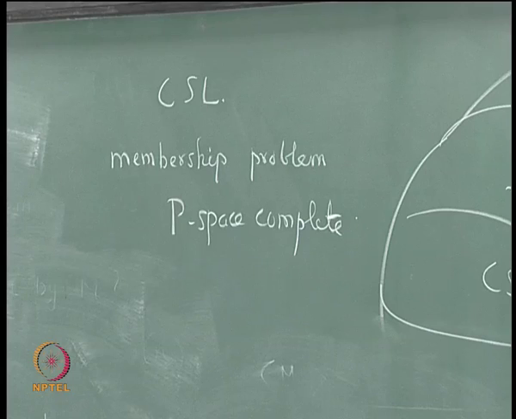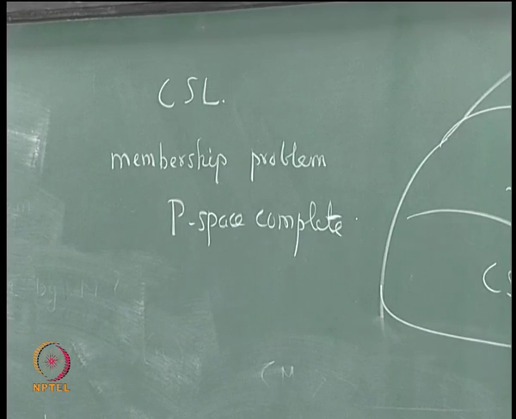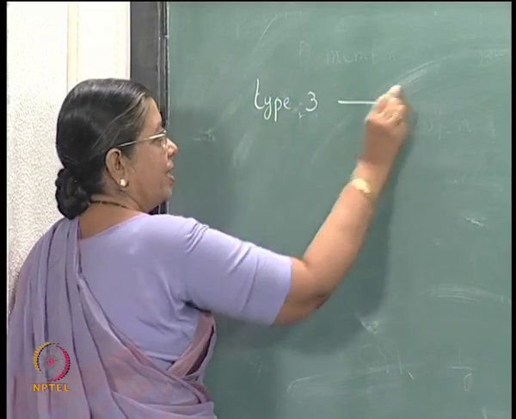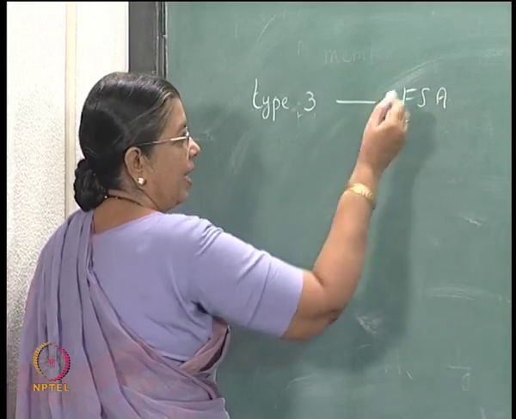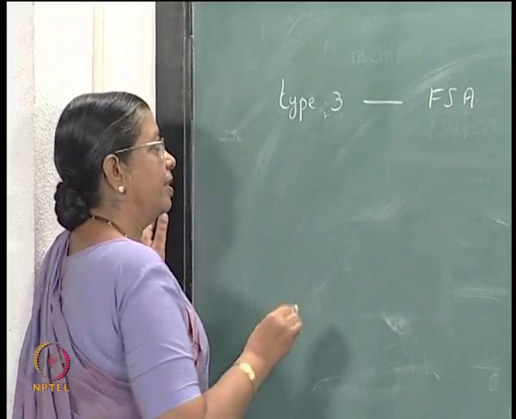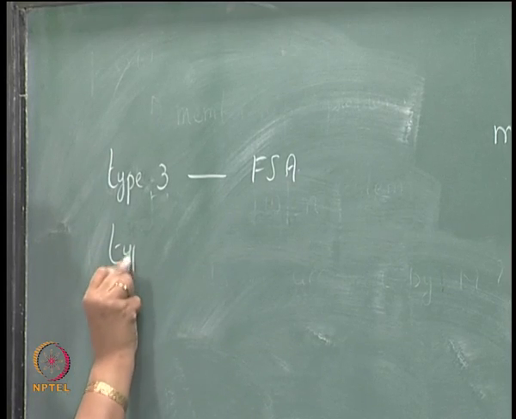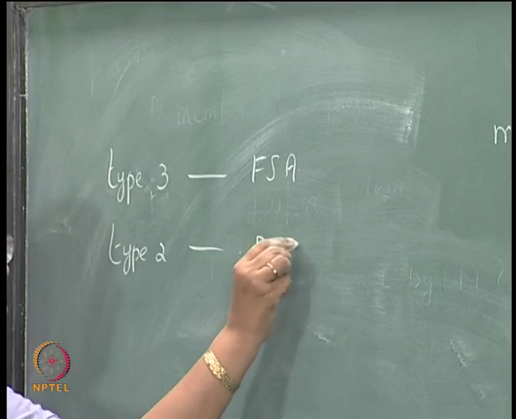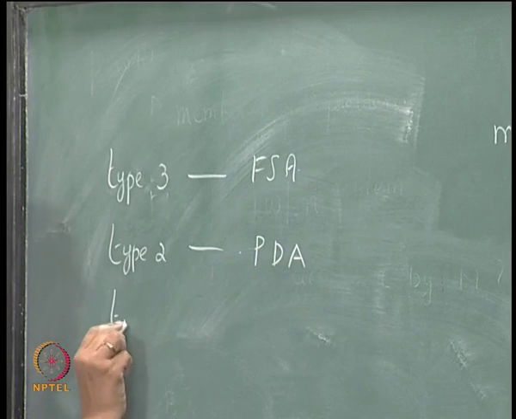Another thing is, for type 3 grammars the automaton is FSA, and in FSA the deterministic and non-deterministic versions are equivalent. Type 2 grammars, CFG, the automaton is the push down automaton.